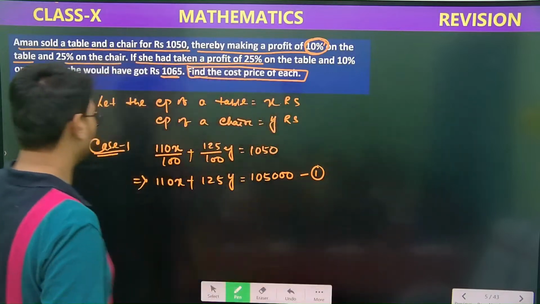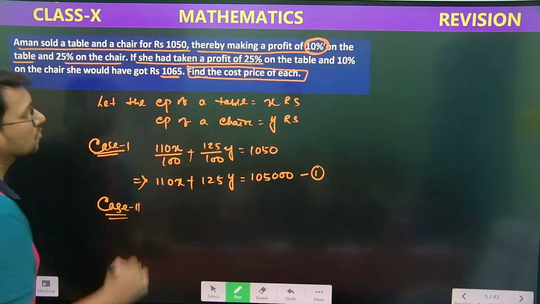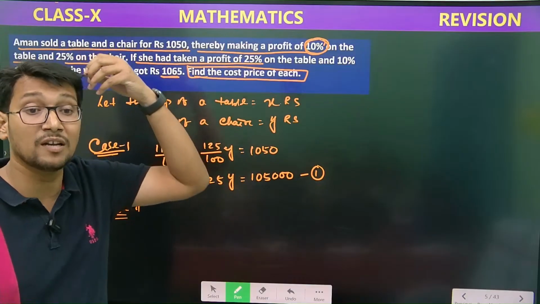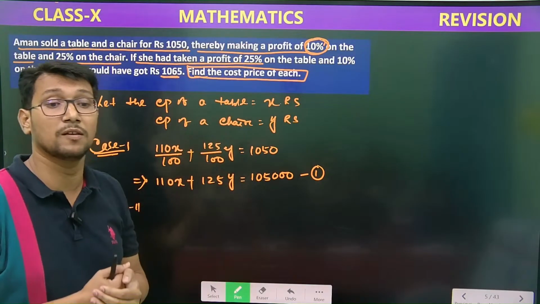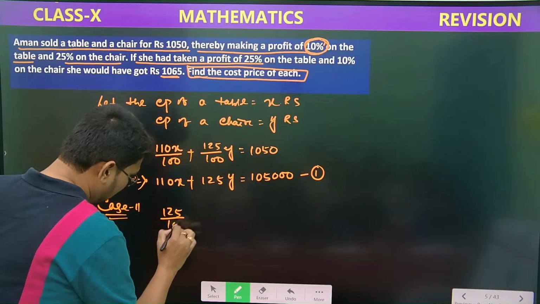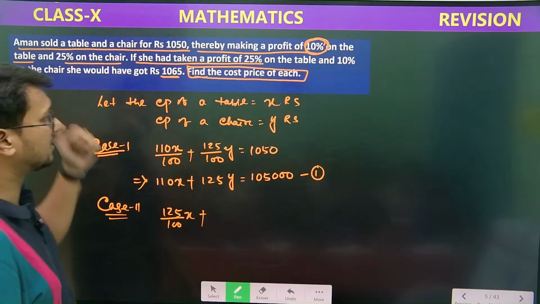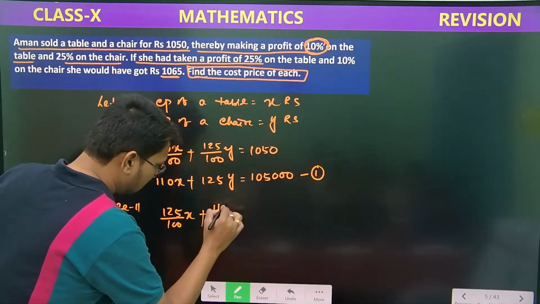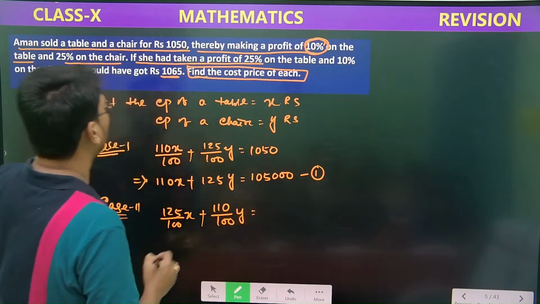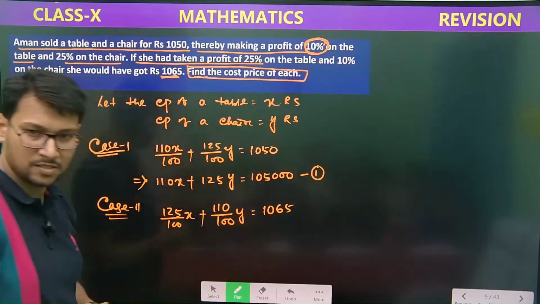Similarly, check equation 2. Case 2 is saying if she had taken a profit of 25% on the table, the selling price of the table is 125 by 100 into x, plus 10% on the chair, that is 110 by 100 into y, equals 1065.